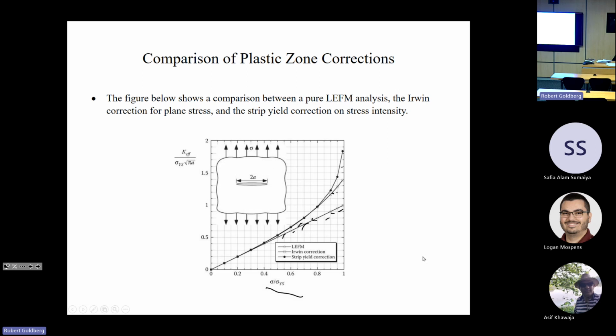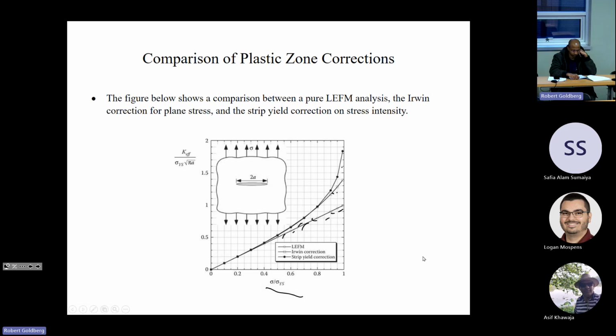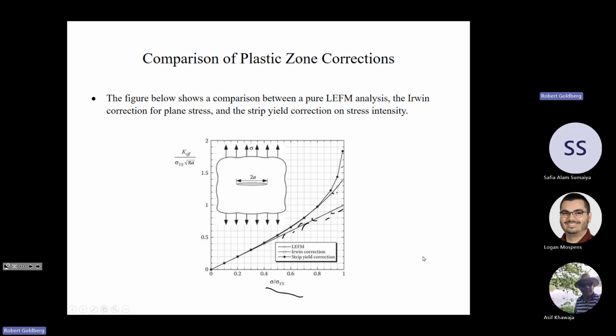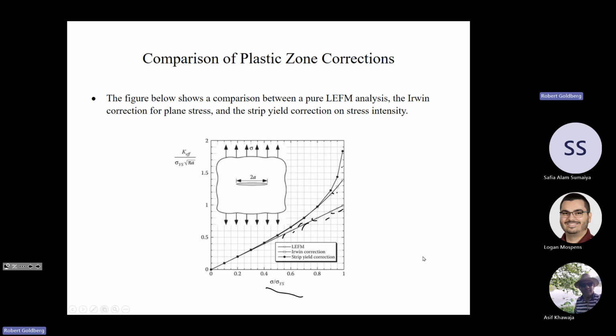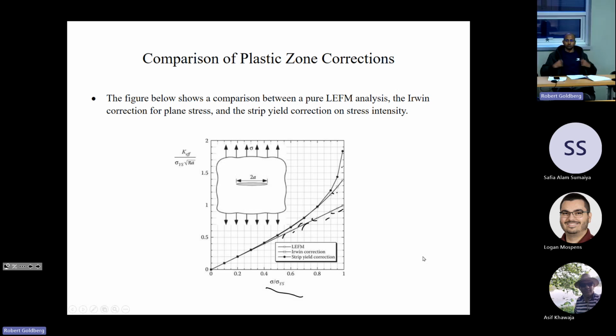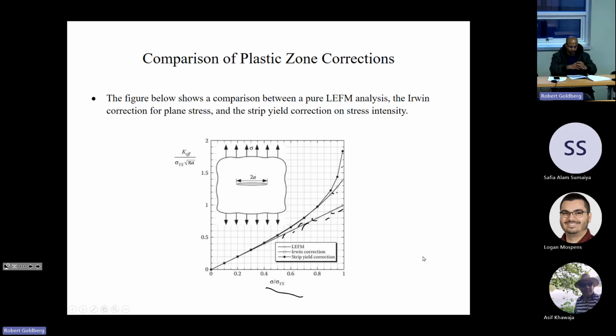According to the strip yield model, as you get right up to the yield stress, this becomes asymptotic, because the strip yield model assumes that once you hit the yield stress, your effective stress intensity factor is infinite. The strip yield zone extends across the entire plate and it has reached its maximum load capacity.